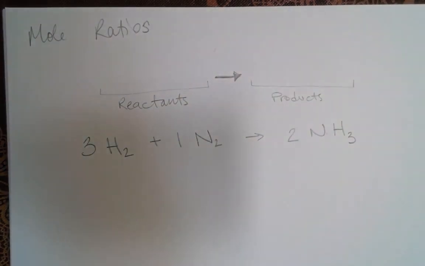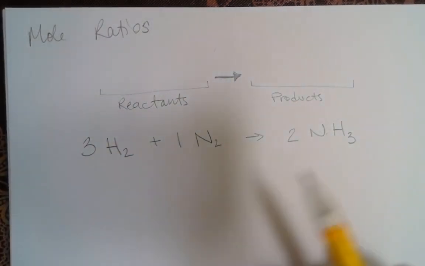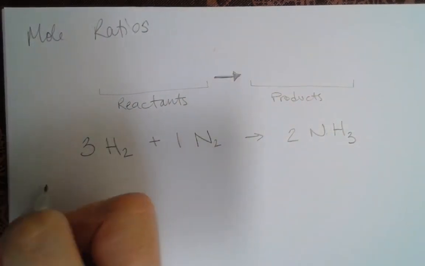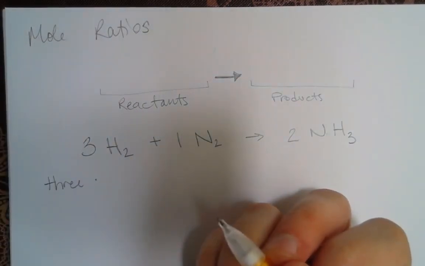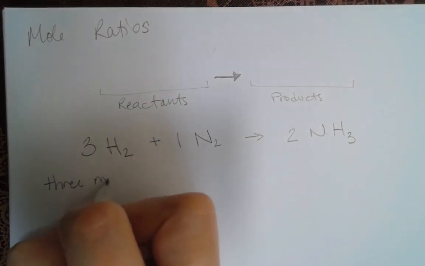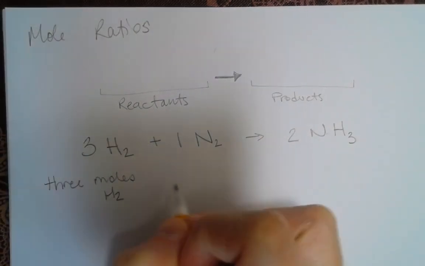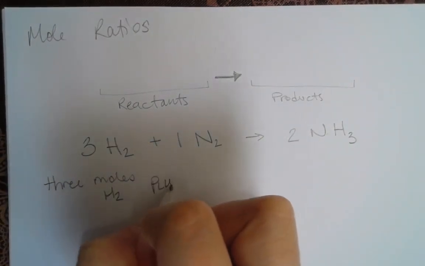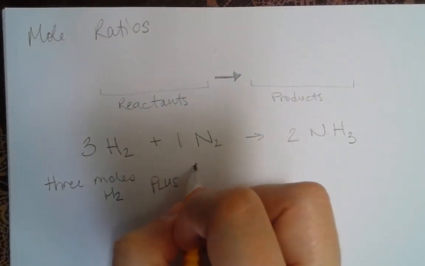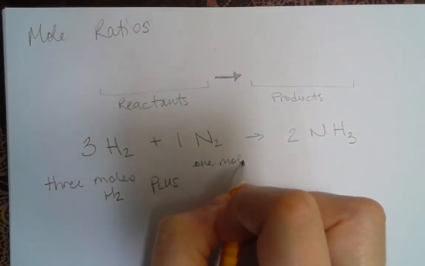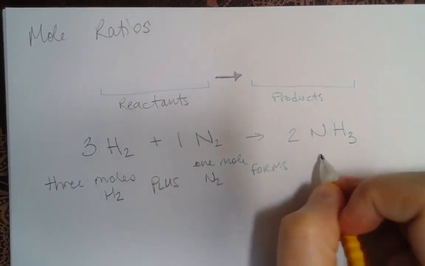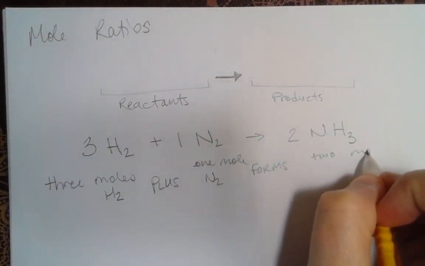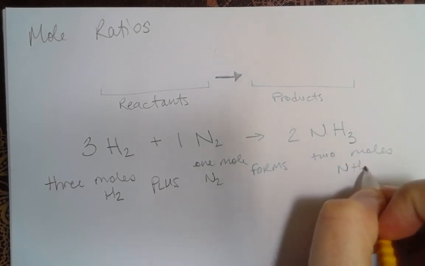Here's the mole ratio. We would say 3 moles of H2 plus 1 mole of N2 forms 2 moles of NH3.